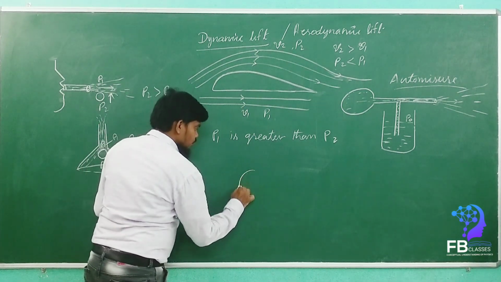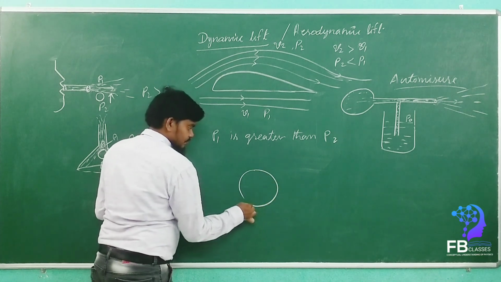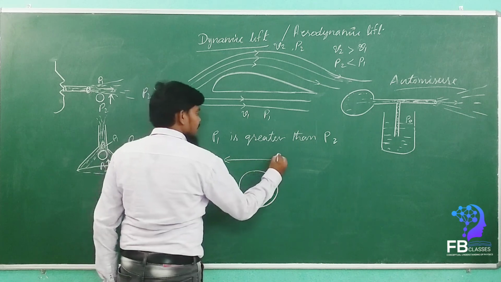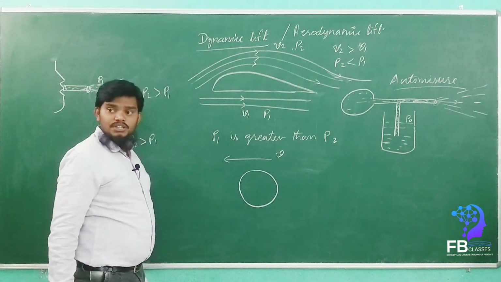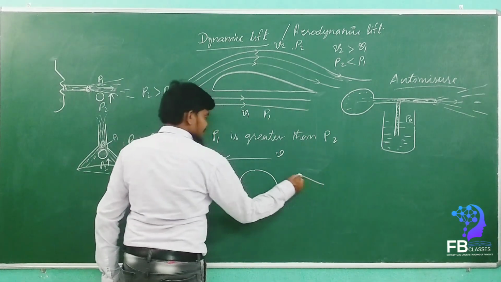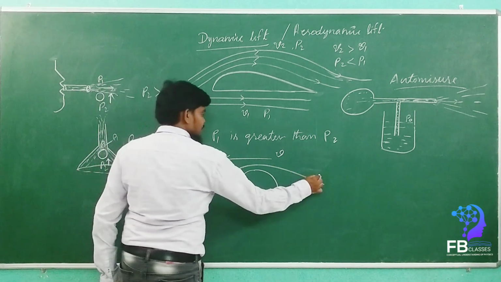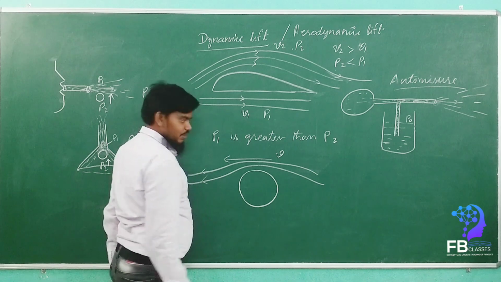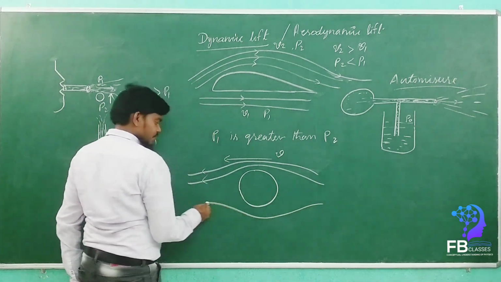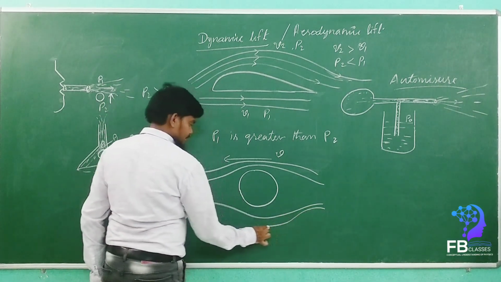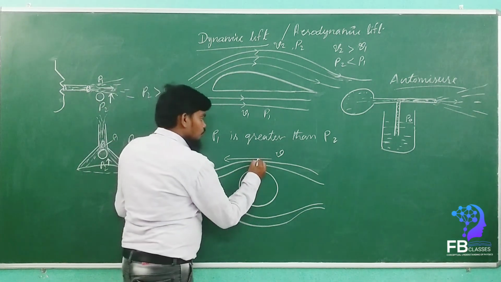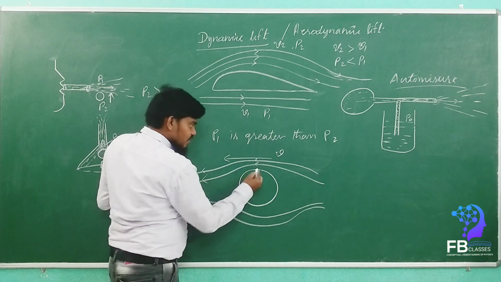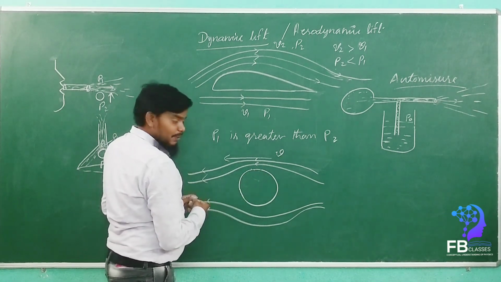Whenever the ball is moving like this with the velocity v, and the air is blowing like this, are you getting my point? So this is the blowing of air. Then once this air touches the surface of the ball, what will happen?